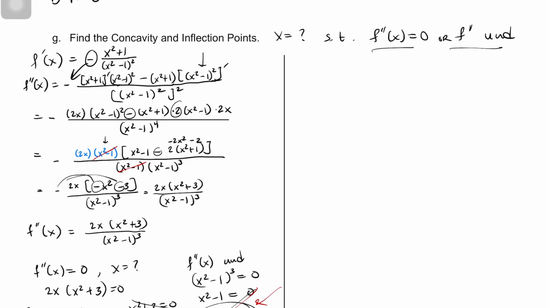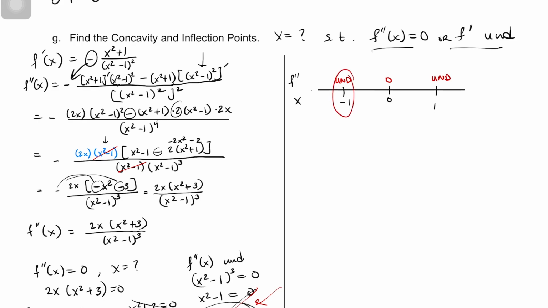All right, so let's begin. Let's create a number line. We have 0, negative 1, 1, x, second derivative. We know this is 0, sorry. This is undefined, 0, undefined.